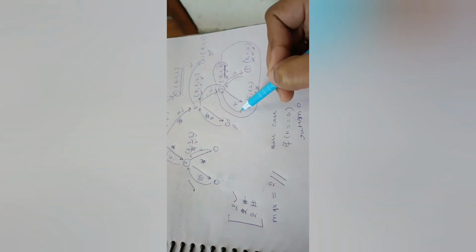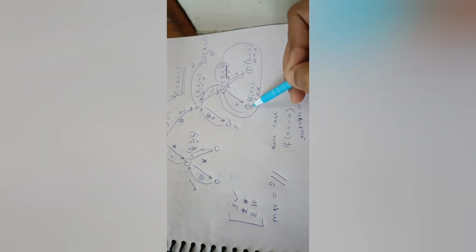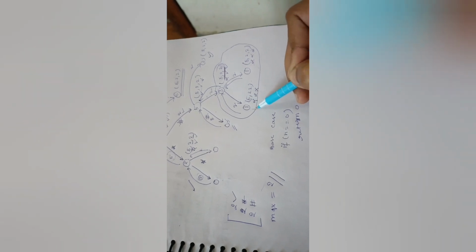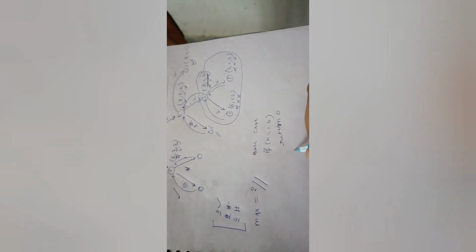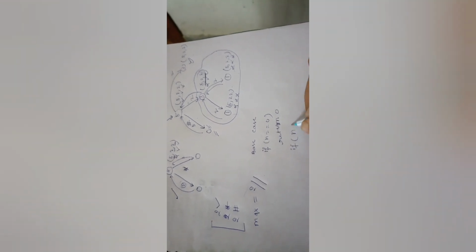And for the case where after subtraction we get a negative n, if n is less than 0, we just return INT_MIN. This we will understand in the coding part. So these are our 2 base cases.